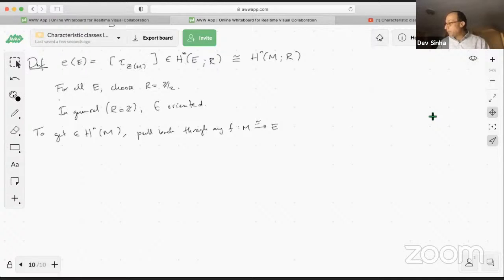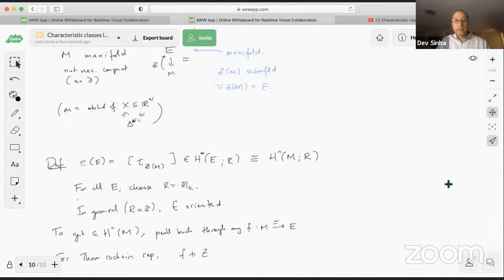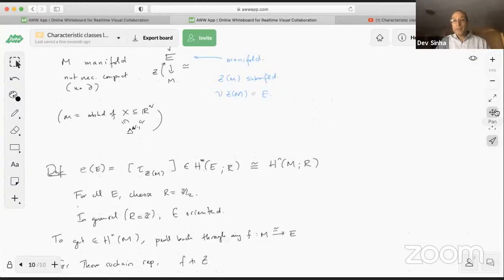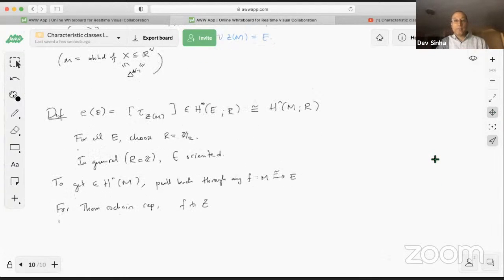If we want a Thom cochain representative, we have that F must be transversal to Z. So in particular, one F you could use a priori is Z, right? Z, the zero section, maps back and is a homotopy equivalence. So at the cohomology level, that's fine.